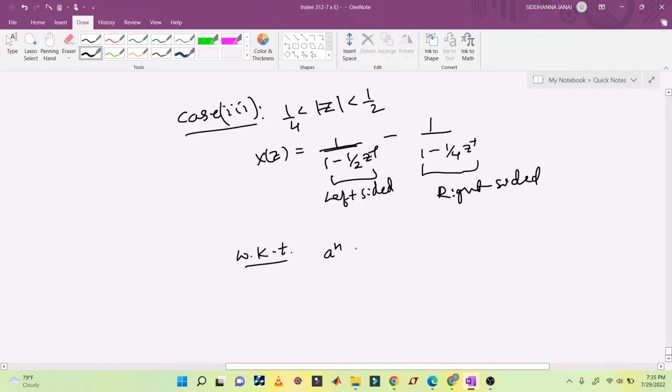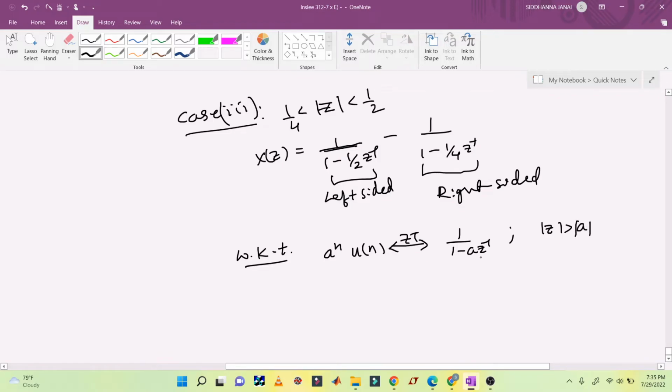A to the power n u of n gives us z transform 1 divided by 1 minus a z inverse if z is greater than magnitude of a.